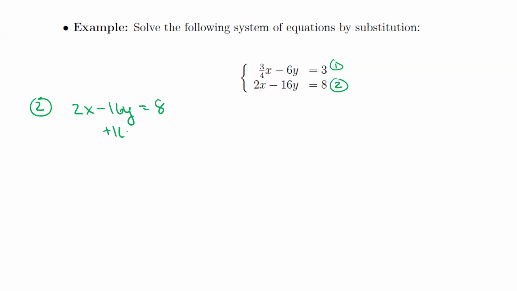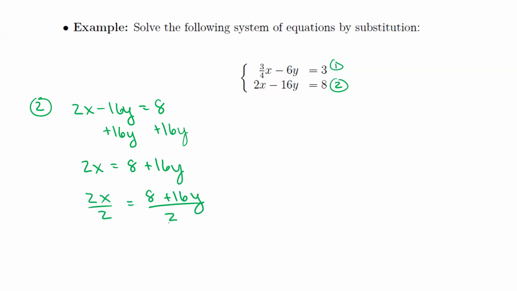So we'll add 16y to both sides. 2x is equal to 8 plus 16y. We'll divide by 2 on both sides. So x is equal to 8 over 2 plus 16 over 2y.